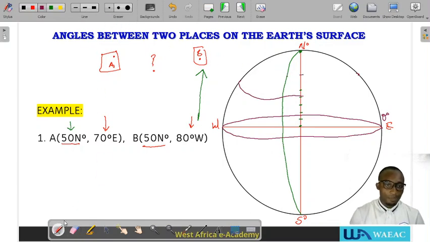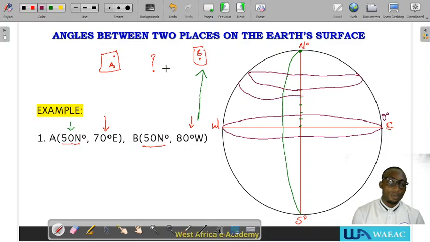Okay, let me just draw it like this. Oh, I'm not done. What's going on? My small circle is not nice, but let's manage it. It's a sketch, so let's just manage it because of time.